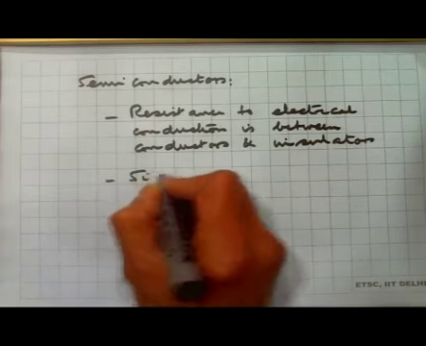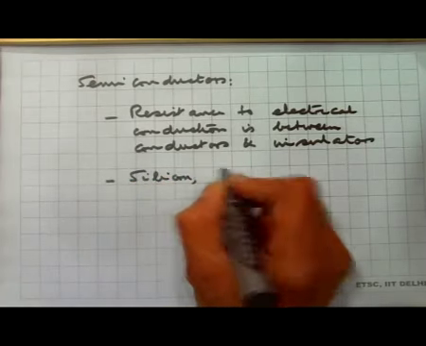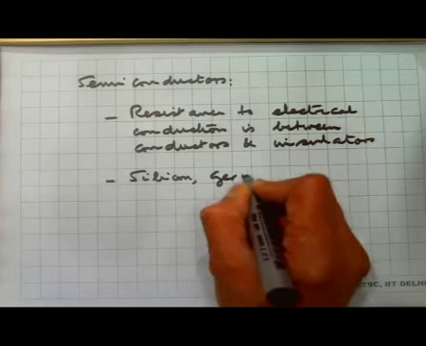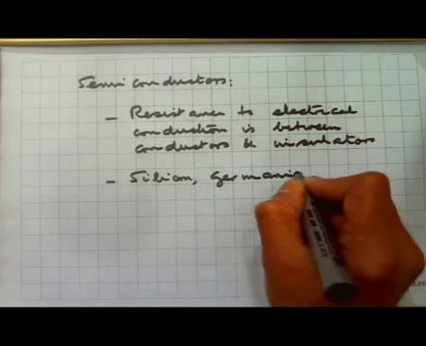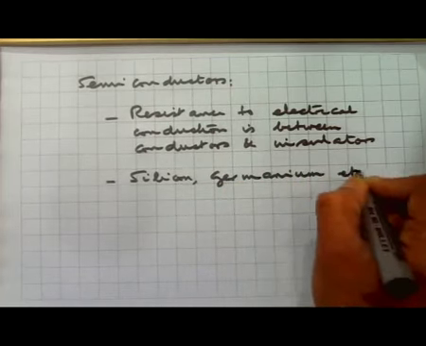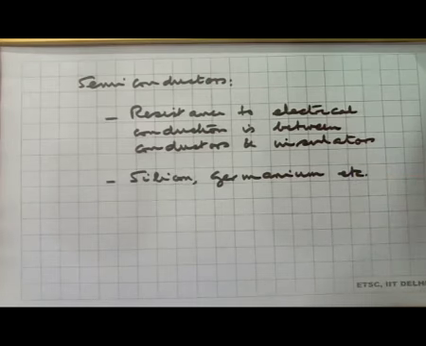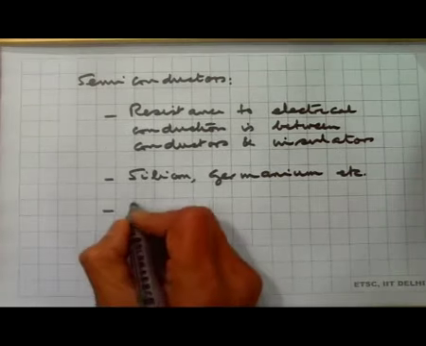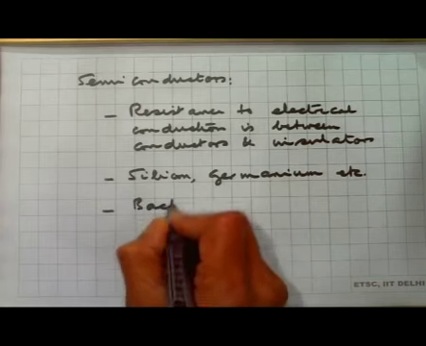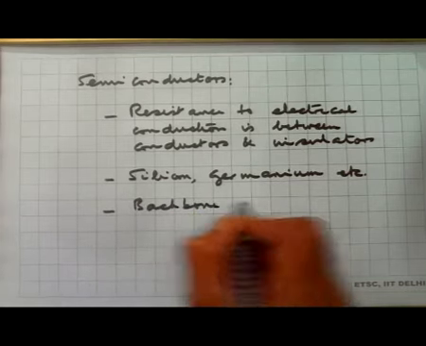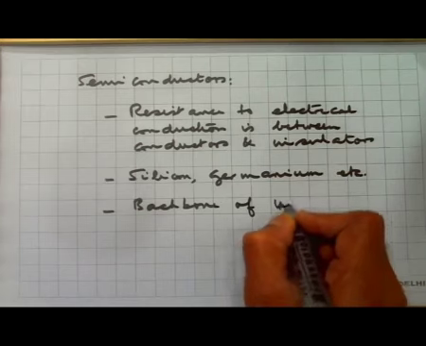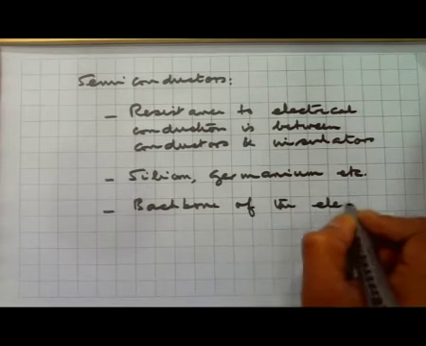Examples are silicon, germanium, etc. And these actually form the backbone of the electronics industry.